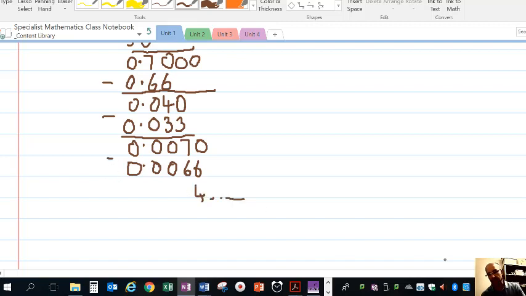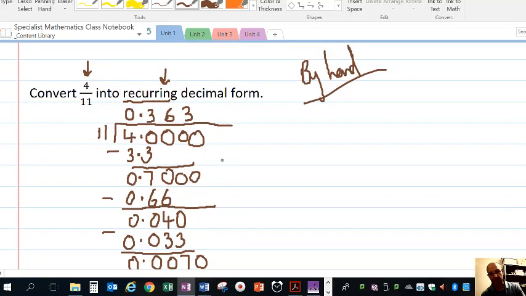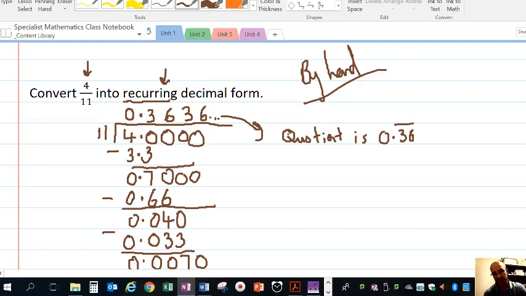Basically you can see that this is going to keep generating 3636. So writing the quotient down properly, the quotient is 0.36 recurring.